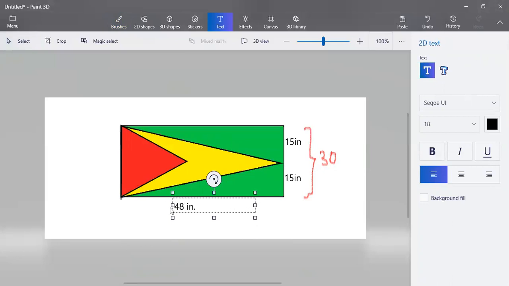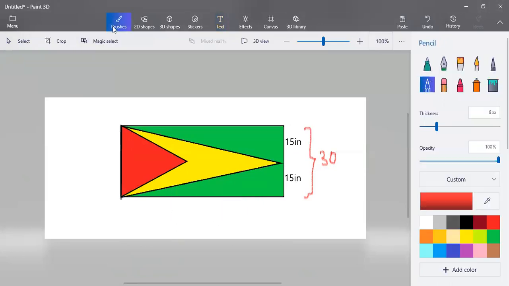Now moving on to the red triangle, they said from this part, from here till here, it's not straight.